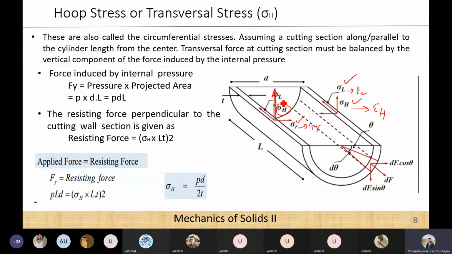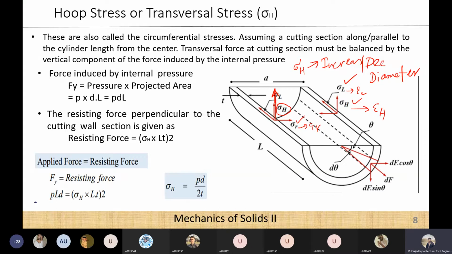Either the hoop stress will cause an increase or decrease in the diameter of the cylinder, just like we discussed that the longitudinal stress is causing an increase or decrease in the length, and similarly this hoop stress is causing an increase or decrease in the diameter.